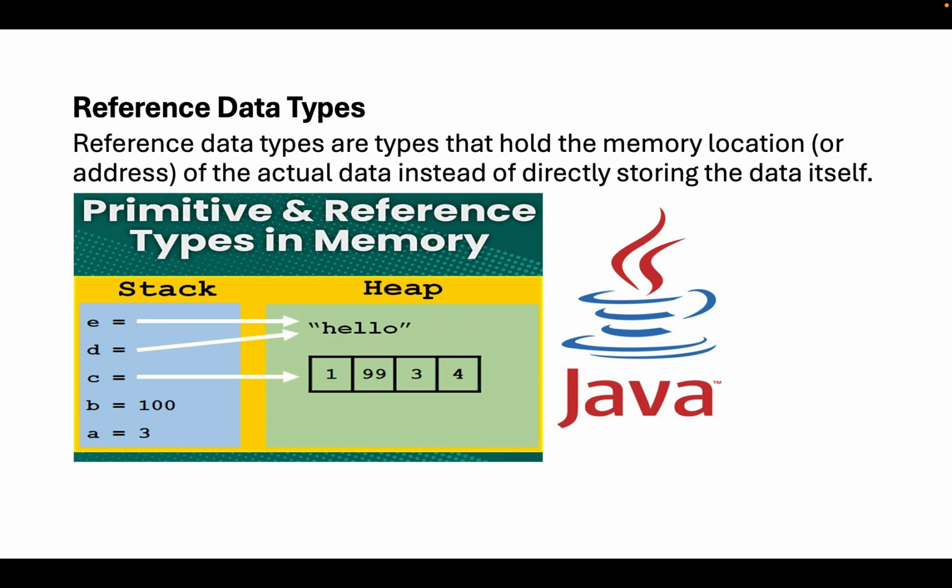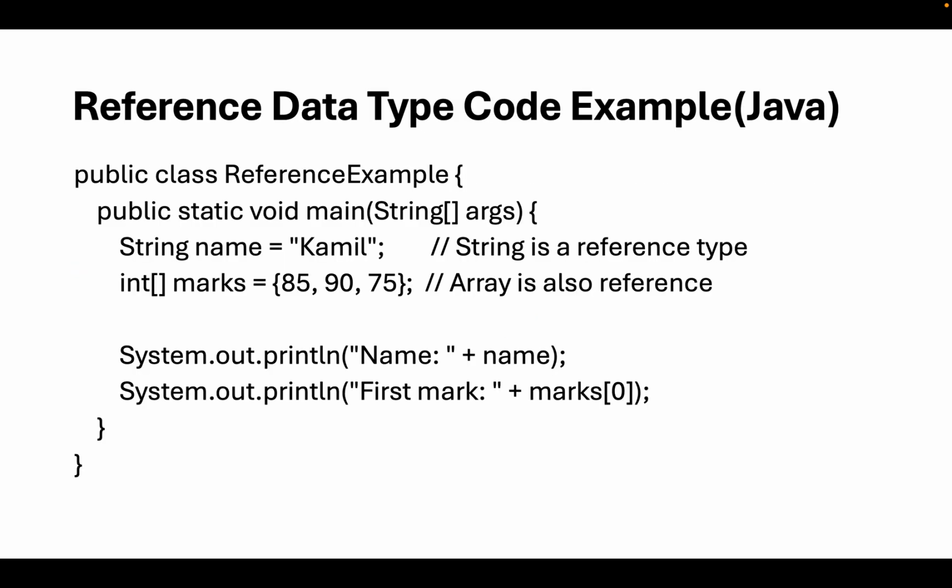So instead of C being 1, 99, 3 and 4, C could be 1, maybe 200, 5 and 6. Since this is not a string, we can change it. But if it's a string, it's immutable. We cannot change it.